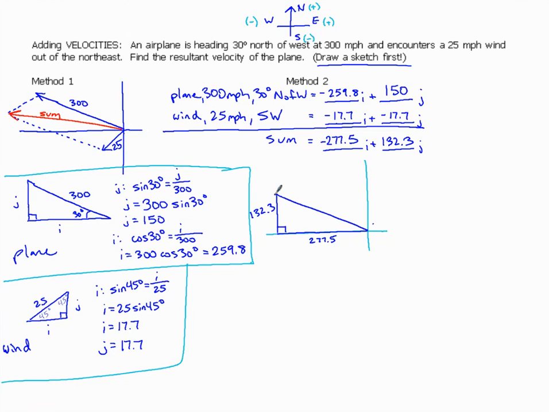There we go. Here is the sum vector, and this is going to be the direction. It's theta right now because we don't know the exact direction, but given two sides of a triangle, we can figure out the third, and we can figure out the angle.